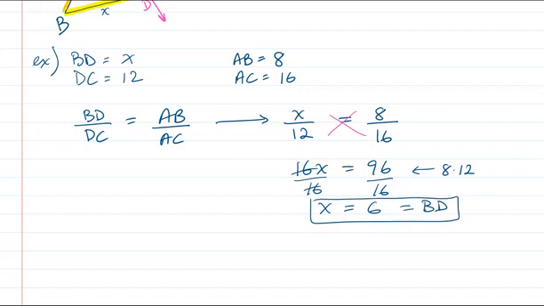Another way is if you realize that AB to AC, which is 8 over 16, reduces as a fraction to 1/2.